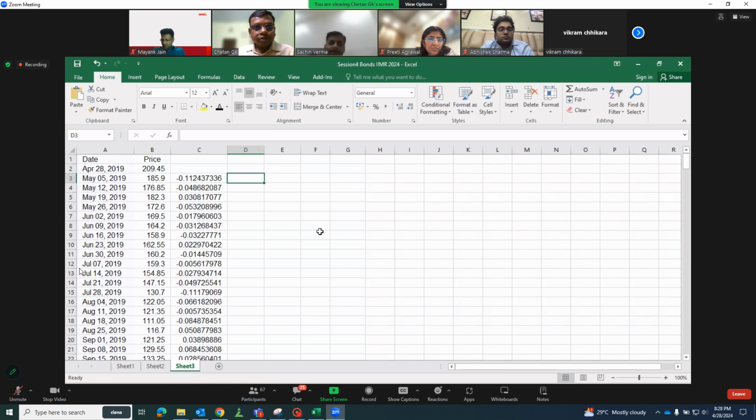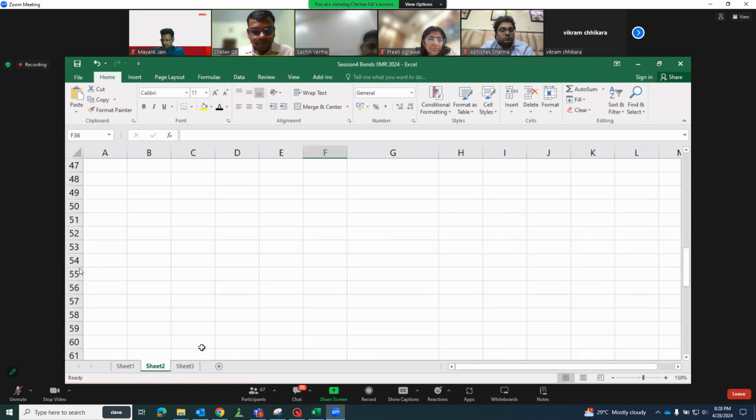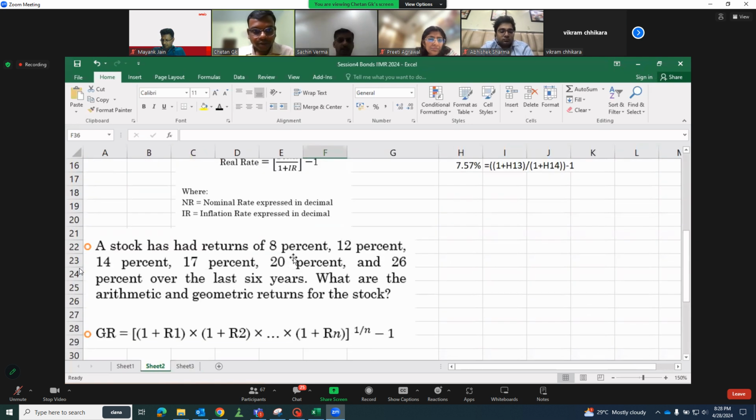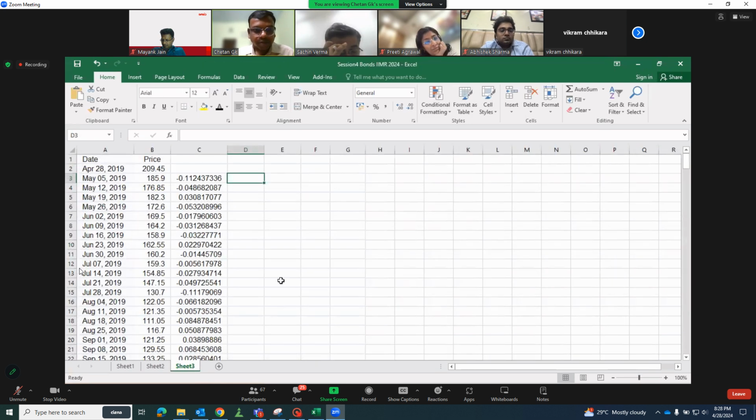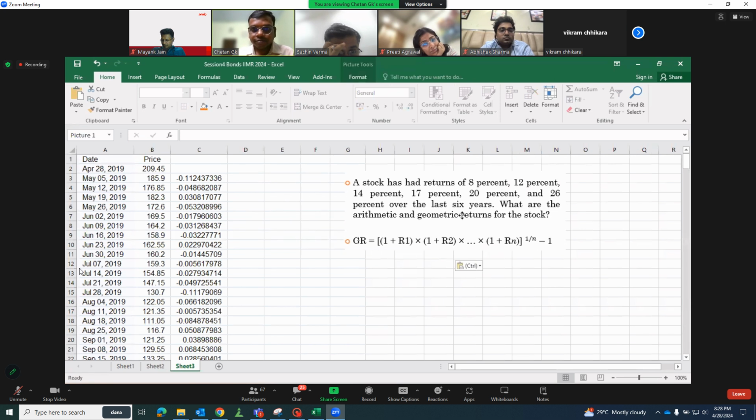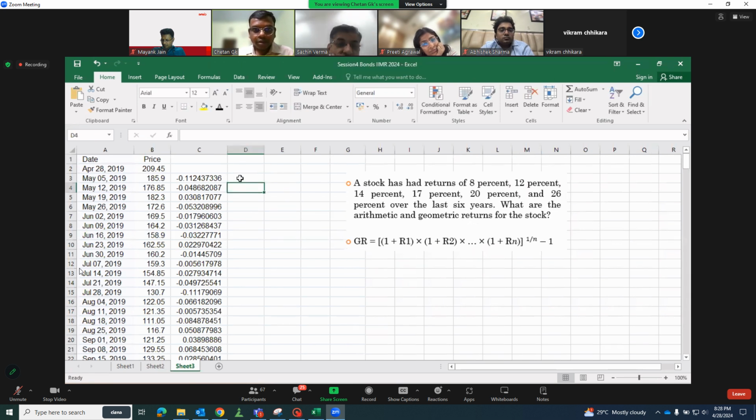Okay. So tell me what is there in the CAGR formula. I'm just keeping it here for your reference. Average, plus 1 we have to do, plus 1 in each entry. These are our R1, R2, R3 till Rn.